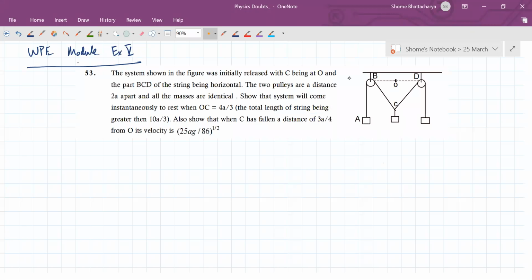Yes, Nikita will discuss 64 after this. Okay, so in this question, you have to apply the constraint relation to find the relationship between the speed of the outer two blocks and the middle block.